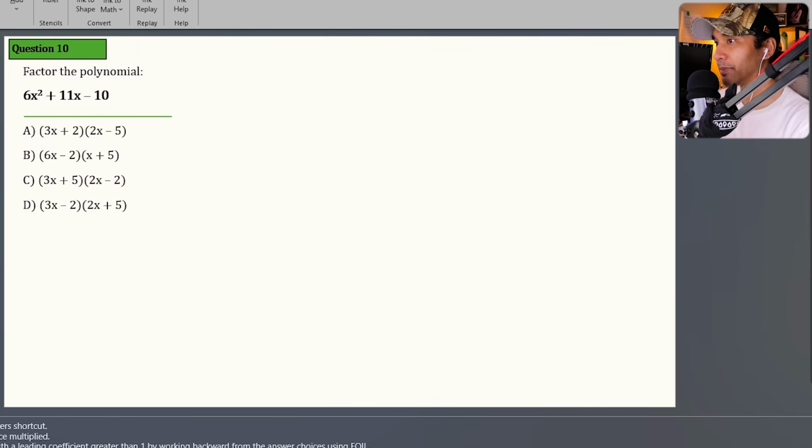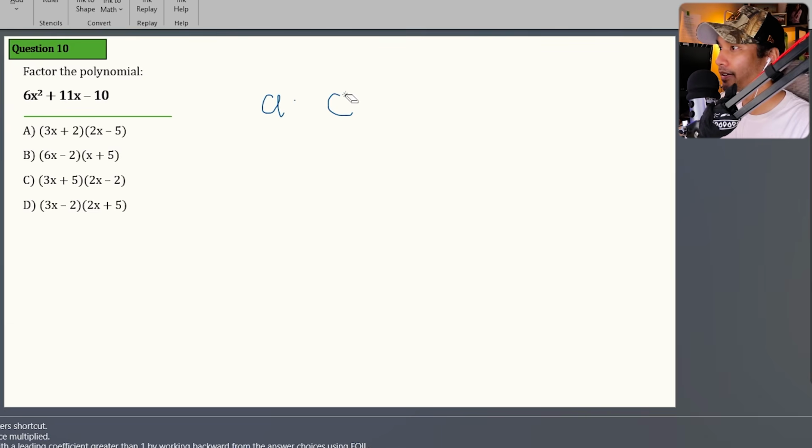Many people were telling me, oh yeah, you could just FOIL this and figure out the right answer. What I normally teach is the A times C method, which is you multiply the 6 by C, which is -10, and then you find out what can be multiplied together to equal -60 in this case, and then what could be combined to equal 11.